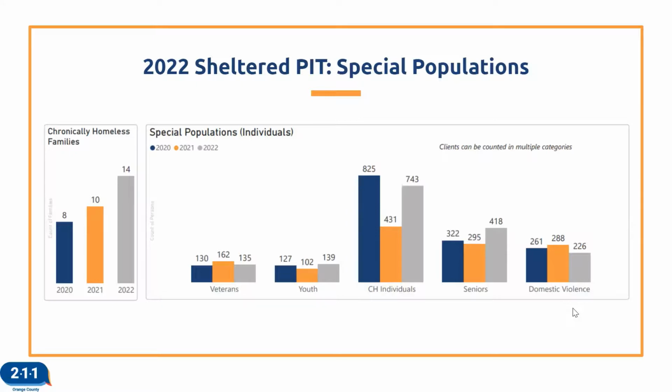So the total point in time count for both sheltered and unsheltered was 5,718. So there was 3,057 unsheltered and then 2,661 that were sheltered.